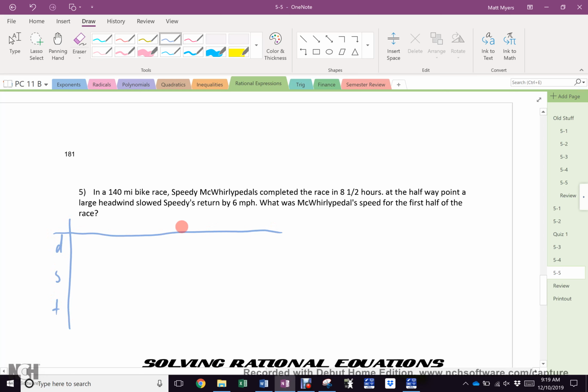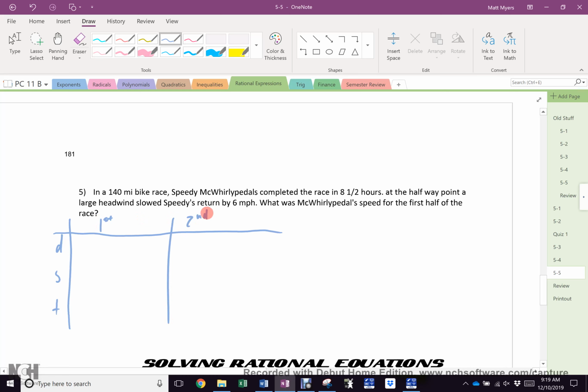How is the race split up? Into how many parts? 2. And what would you call these 2 parts? Okay. So first half, second half.